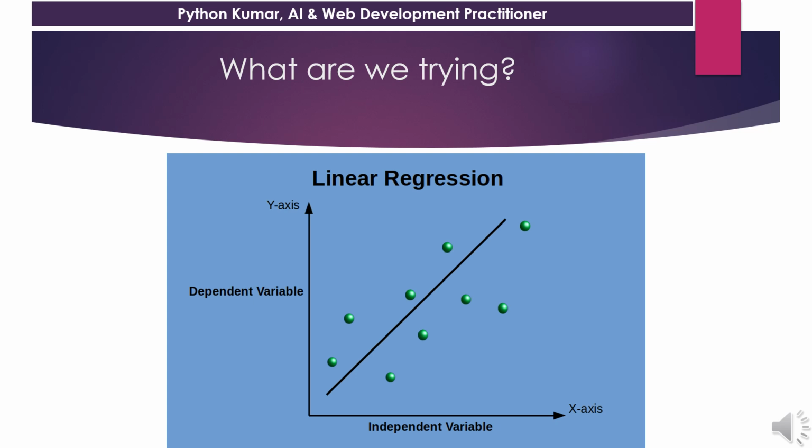If I can correctly figure out the straight line, I can use it to predict what others would get based on the study time. That is the main thing we are trying to achieve.